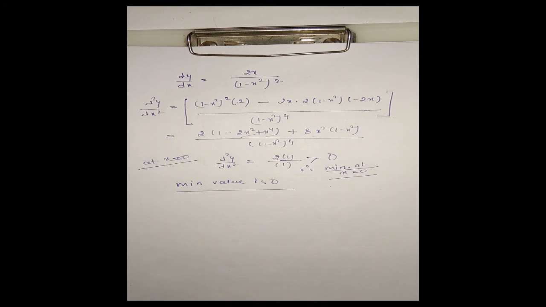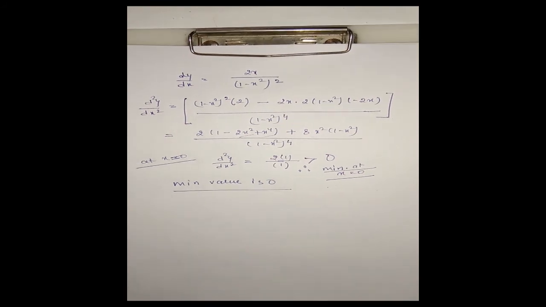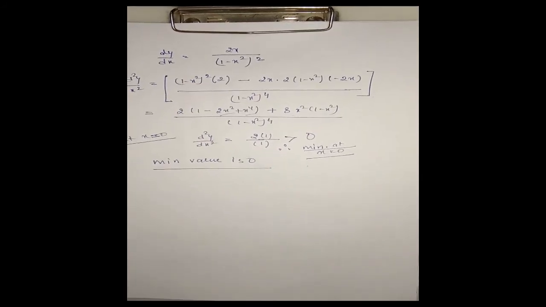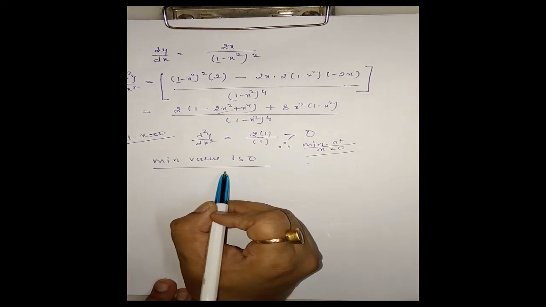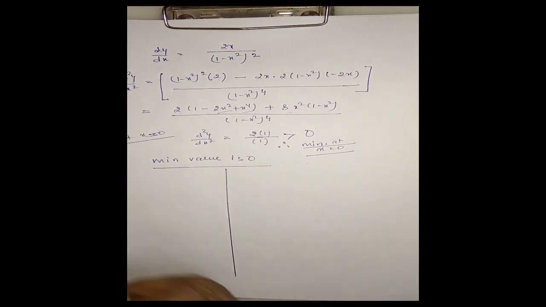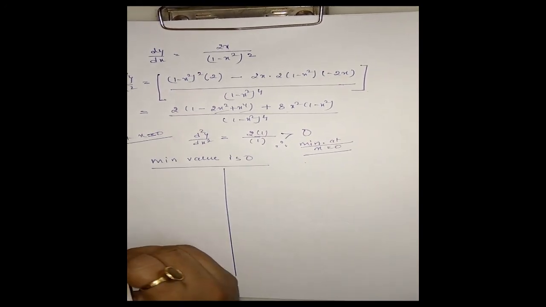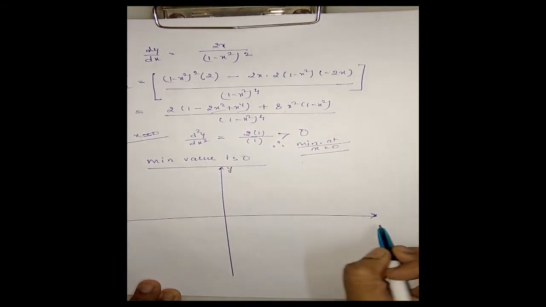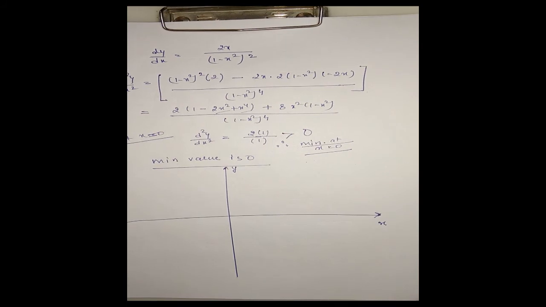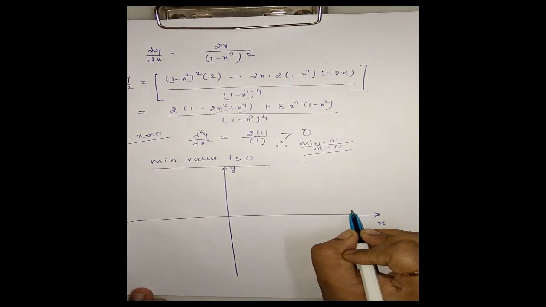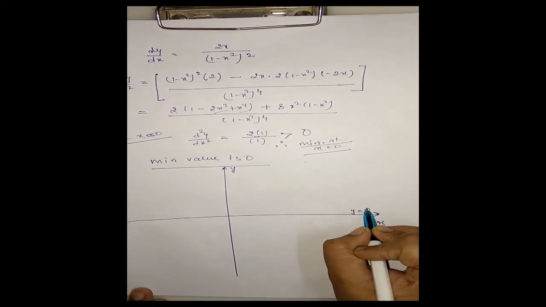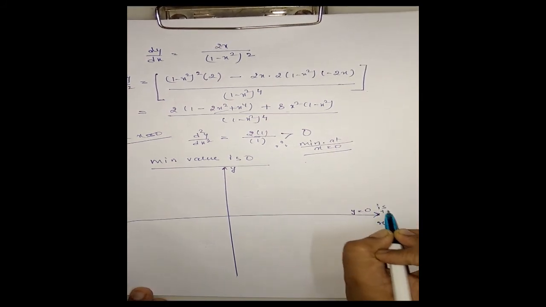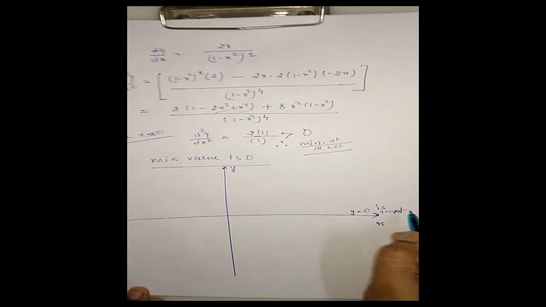Now, from all this information we have obtained from the 7 steps, we are now able to trace our curve. This is the y-axis, this is my x-axis. First thing is the tangent: y is equal to 0 is the tangent.